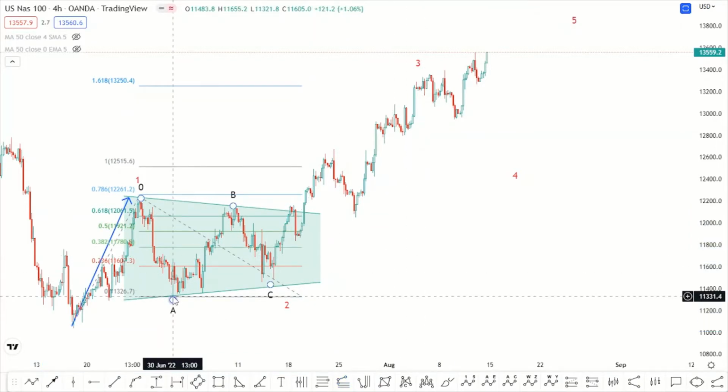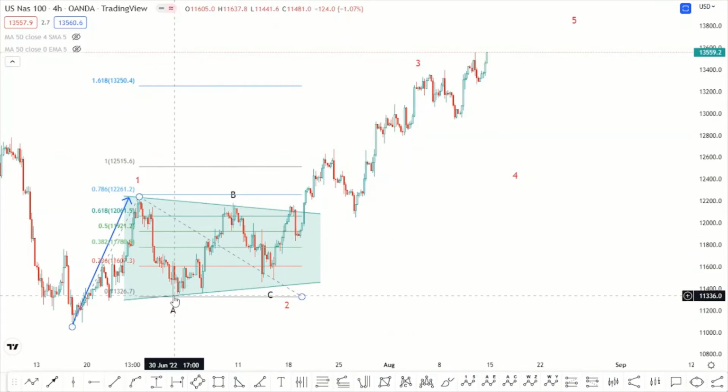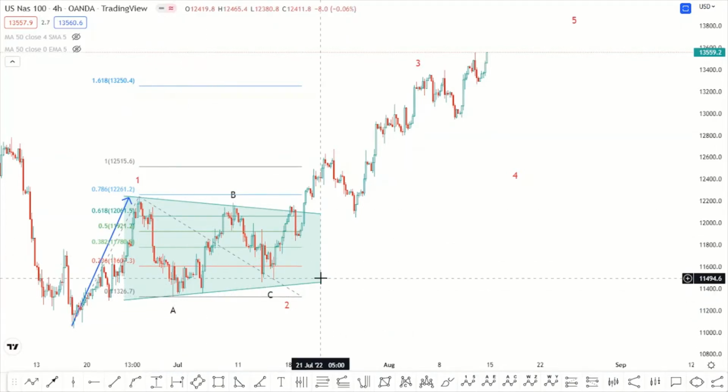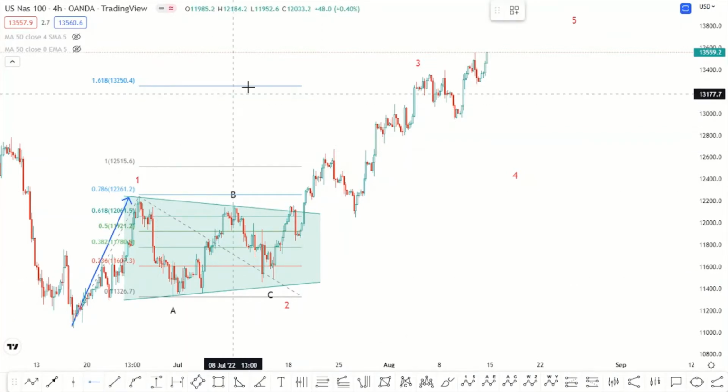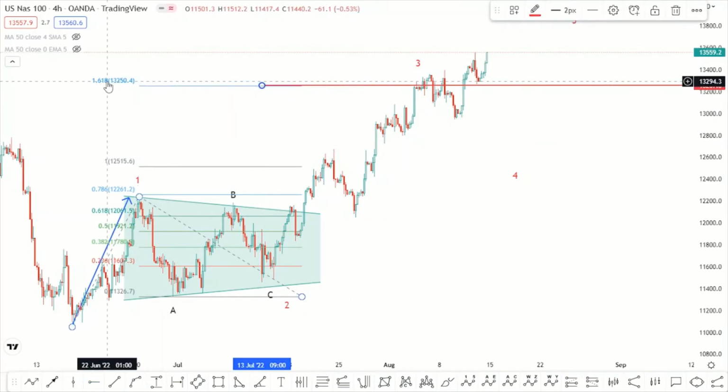This is the lowest point of the correction, and 1.618 is the minimum length required for wave 3 to complete.